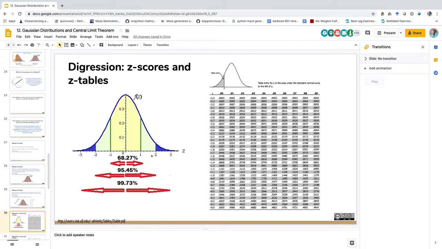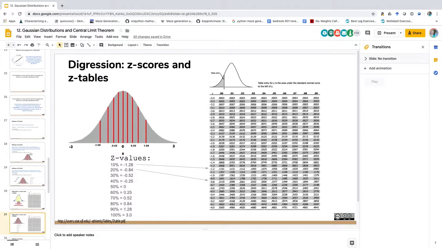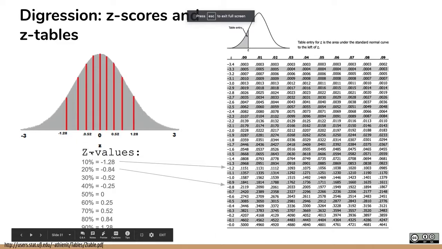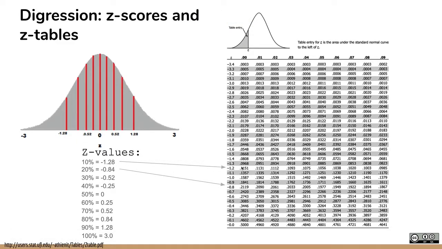Okay. So, for instance, let me try and draw this. If I'm trying to compute deciles, each interval has to represent 10% of the data.